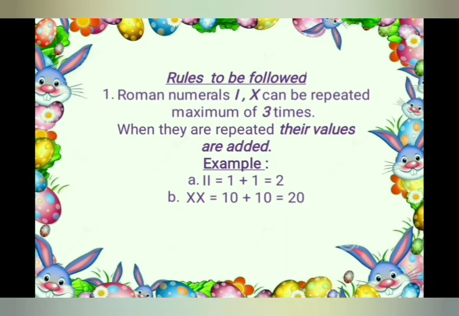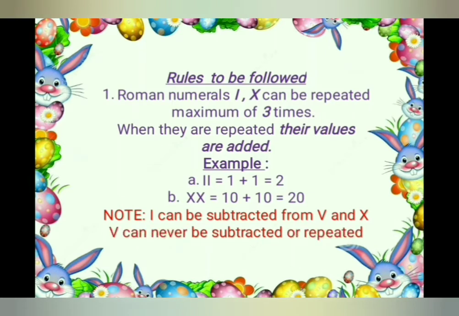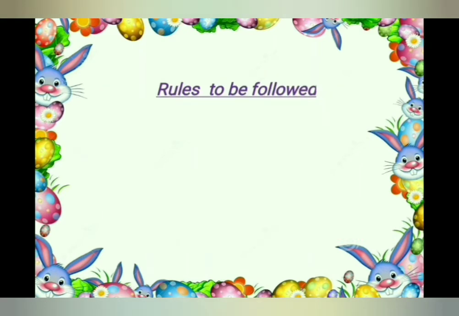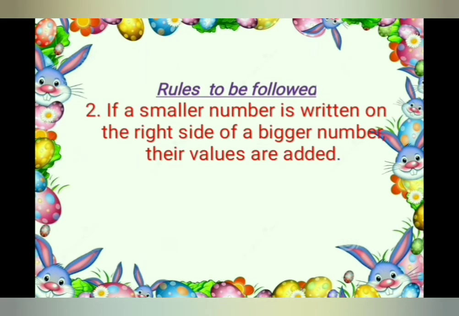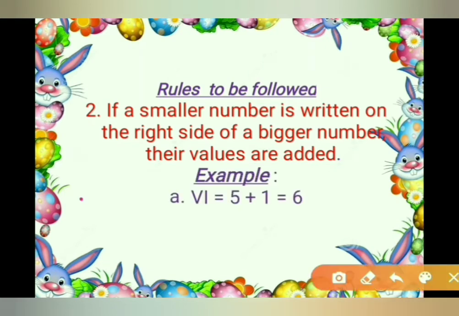That's the first rule. Second rule, the important point to be noted: I can be subtracted from V and X, and V can never be subtracted or repeated. Second rule, if a smaller value is written on the right side of a bigger number, their values are added. Example, value of V is 5, value of I is 1.